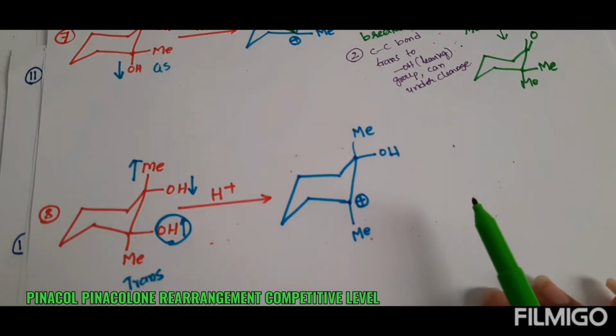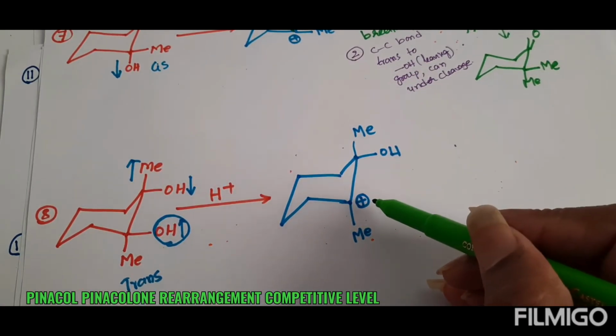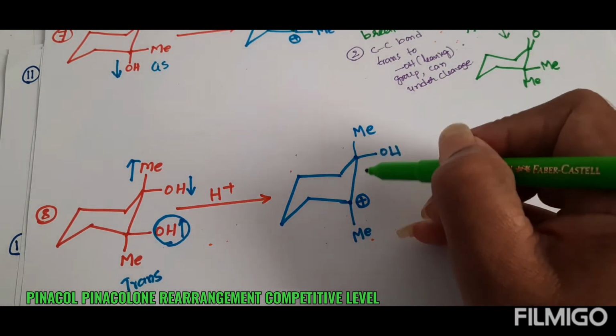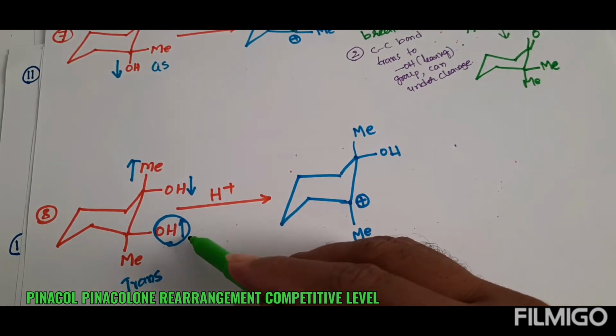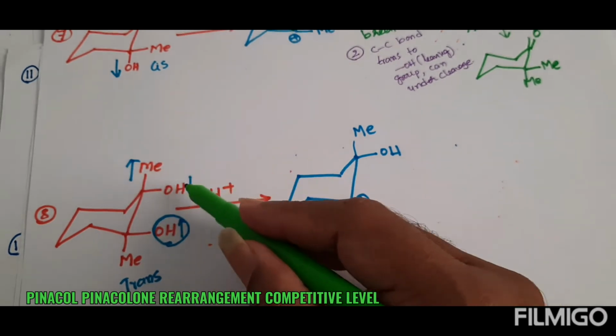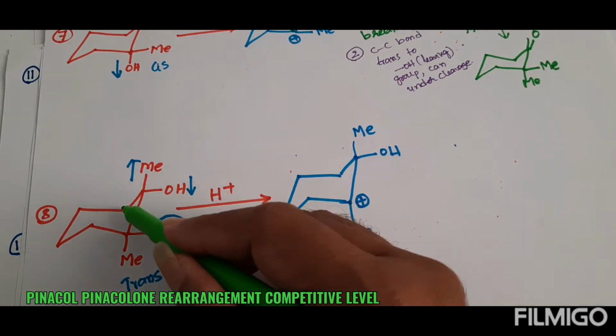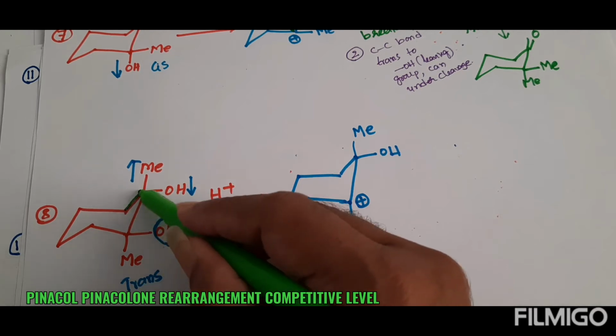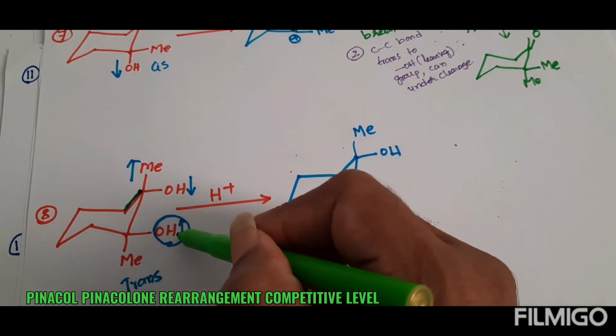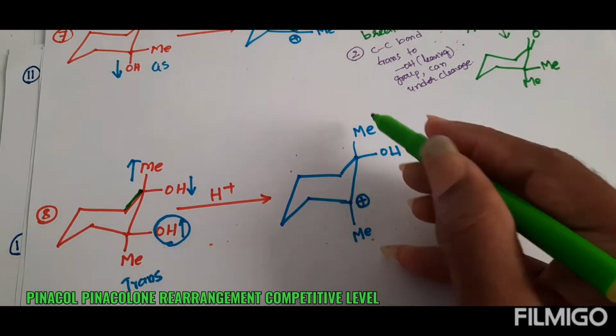Look at this. This is the carbocation. Compared with this OH group, this group is cis and this group is trans, but it is not a C-C bond. So another C-C bond here is trans to this OH group. So here bond cleavage will take place.